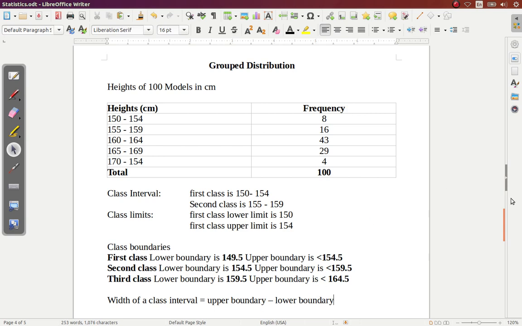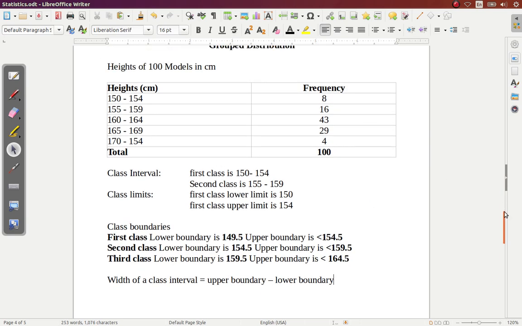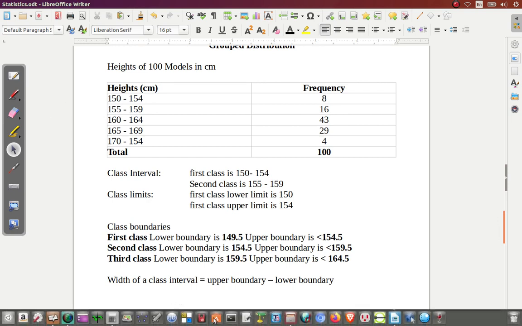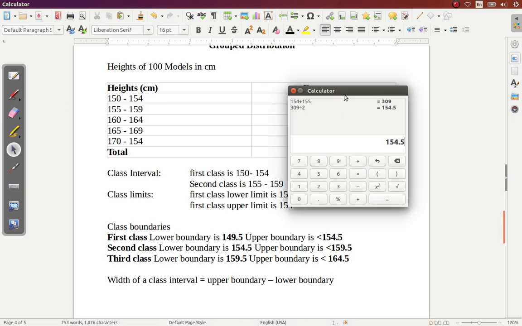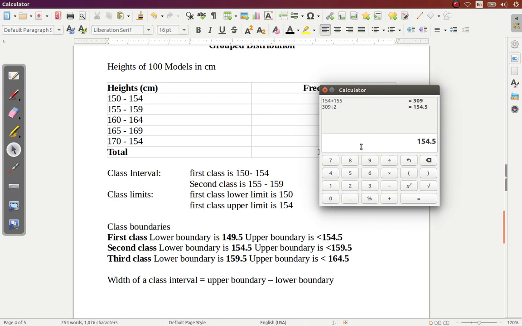You see that? Let's look at, for example, the first class here. Let's do that calculation. The upper boundary is 154.5, anything less than 154.5. Then you minus the lower boundary of 149.5. What do you get? 5.